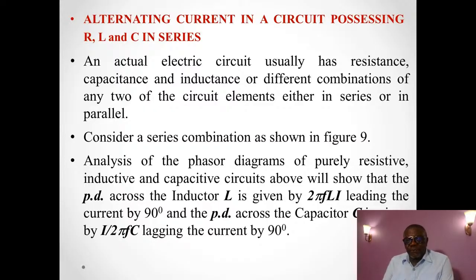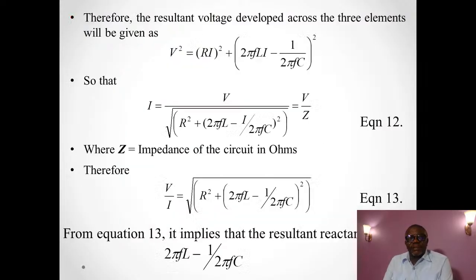The potential difference across the capacitor is given as I over 2 pi FC, which is lagging the current by 90 degrees. Very important to note this, that the PD across the inductor is leading the current by 90 degrees, and the PD across the capacitor is lagging the current by 90 degrees.